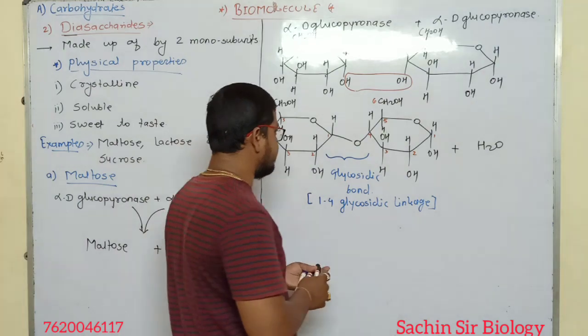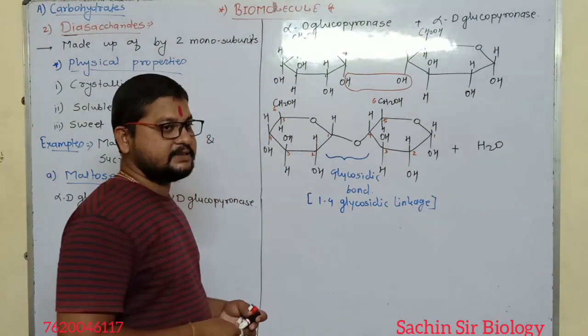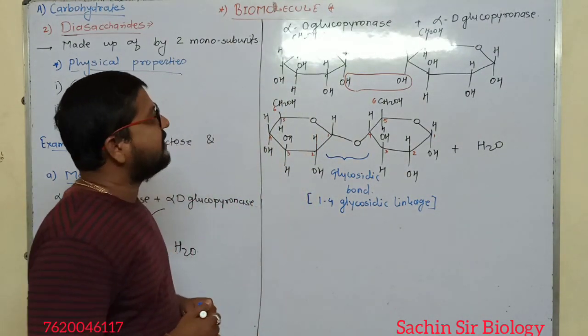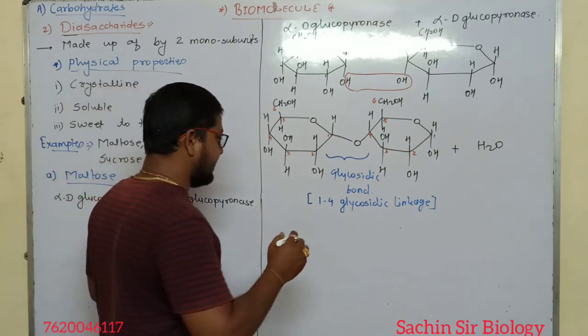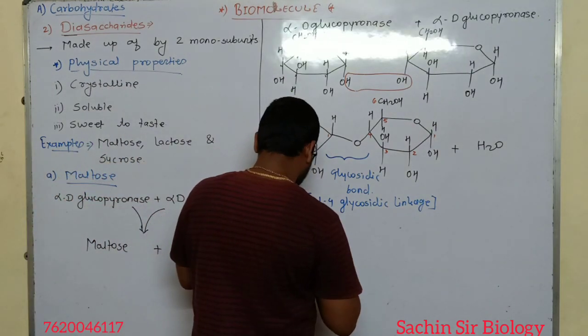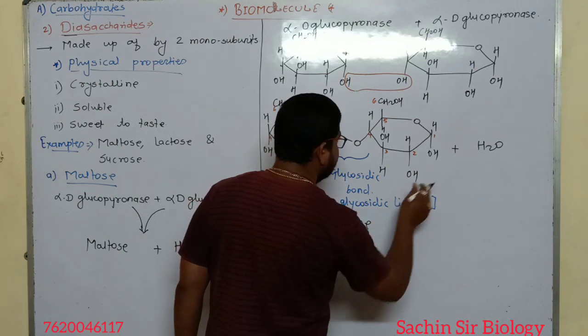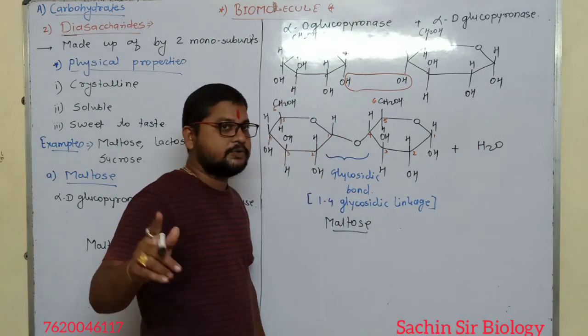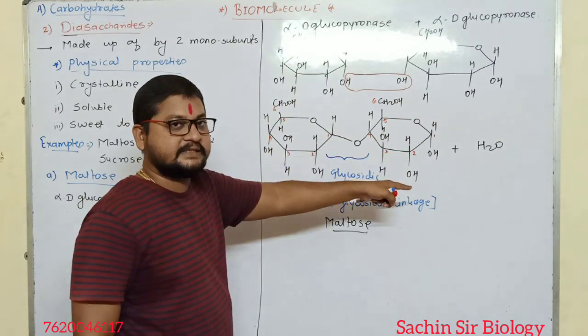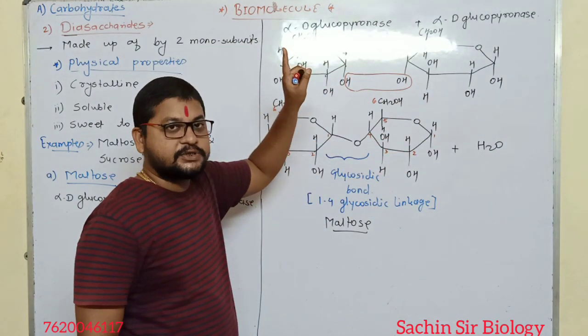Okay, and what is formed when two alpha D glucose units fuse is called maltose. This one is maltose, and this is the water molecule removed. So in the whole process, what was our question?